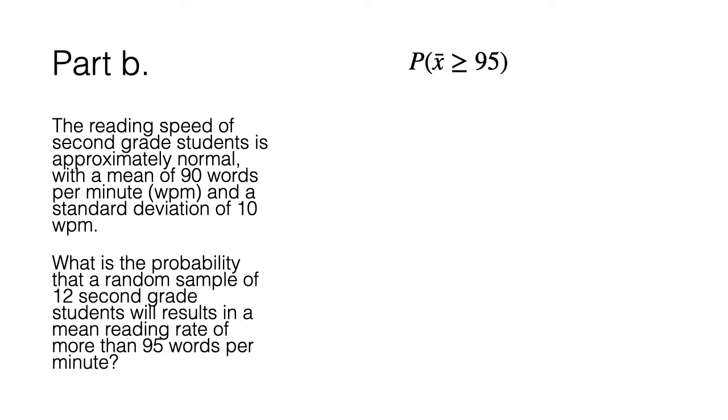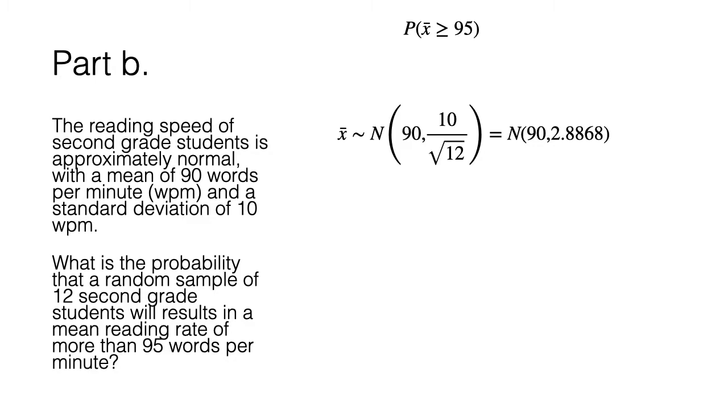We know that the distribution for X bar is normal with a mean mu and a standard deviation sigma over root n. Here mu, the mean of the population, is 90, but the standard deviation is sigma, 10, over the square root of the sample size. I used my calculator to get a decimal approximation in order to use StatCrunch.